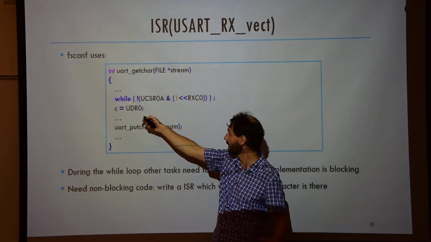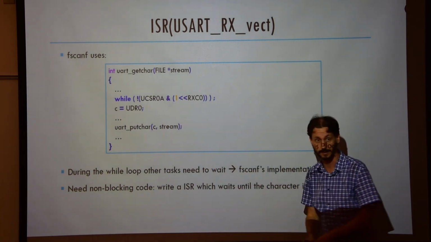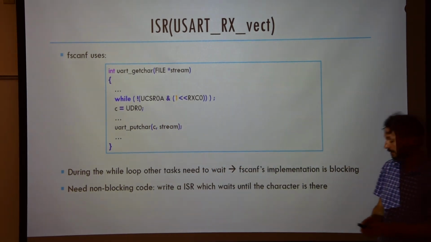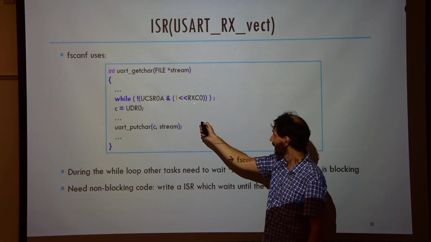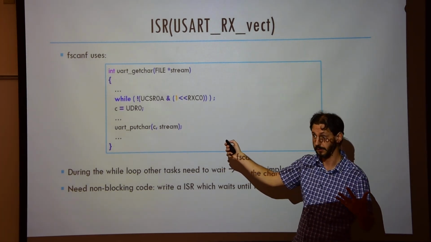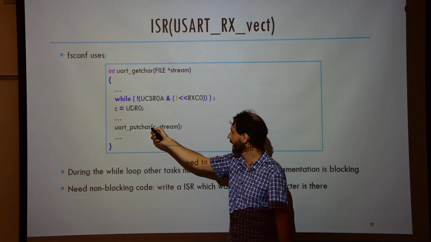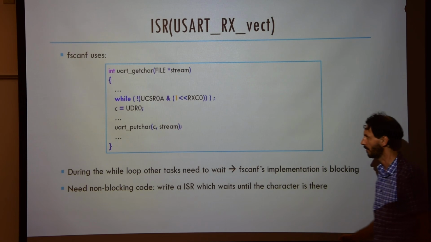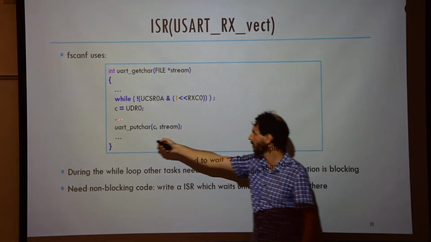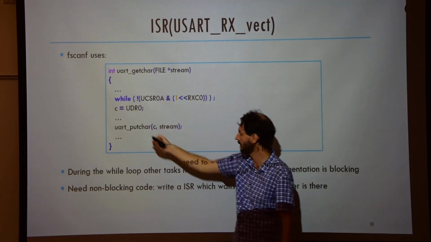It's a while loop that essentially says wait till this is set, meaning that a received character is complete, and then I can read it from my register, and I'm good to go. And then we have the echo over here, but let's just focus on these two lines.